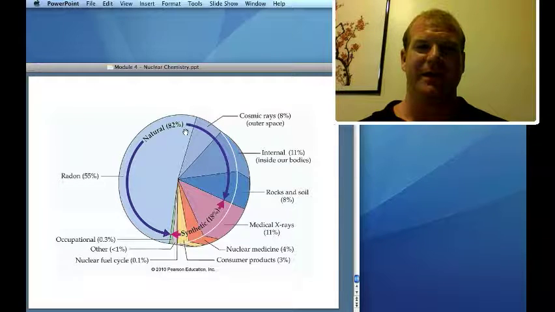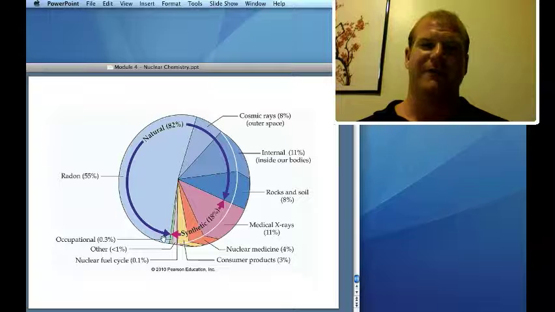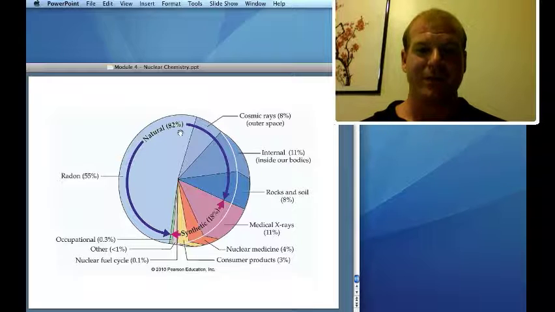And the reason being is because there's not very much radon in our soil. There's a little bit, but not very much, not compared to the Midwest in the United States of America. So here in Hawaii, we're going to have less of that. We get some from space, we get some from inside our body, and some in rocks and soil, even less so in Hawaii because we're not very radioactive here.